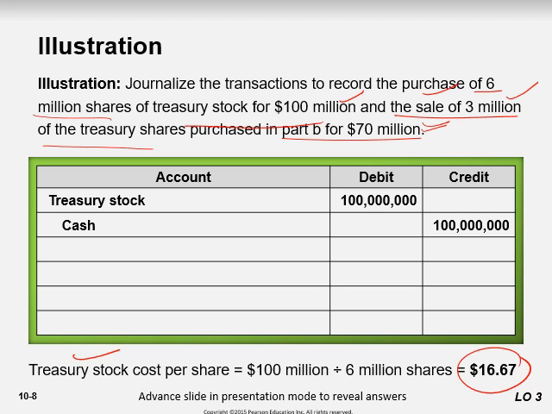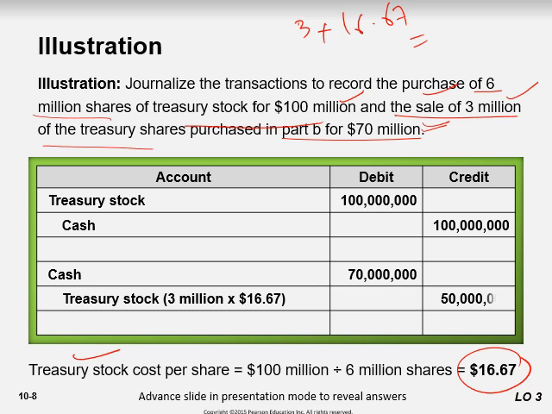You can just say that the 3 million cost you 16.67. 3 million times 16.67, the answer would be here. So the value of those three million shares was 50 million, and paid-in excess of treasury stock, that is your premium, is 20 million. This is how you record the journal entry.